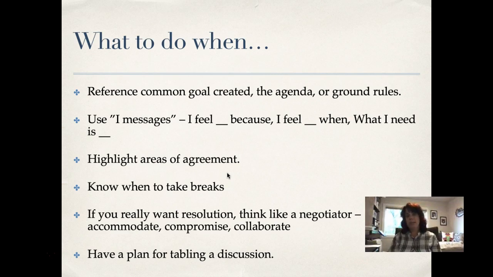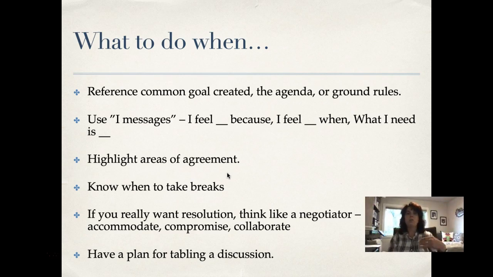So what do you do when something doesn't go all that well? What happens when things start to get heated? You think, gosh, things are not going that well in this meeting. Collaboration is breaking down. You can reference common goals that you've created, the agenda or ground rules. You can use I messages.